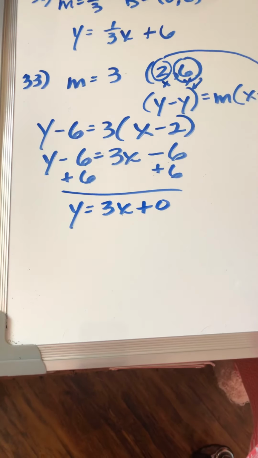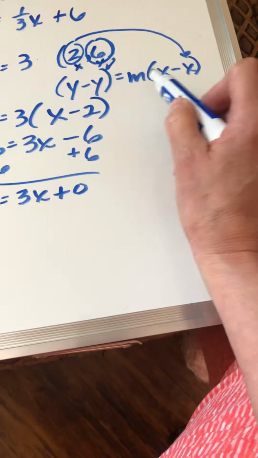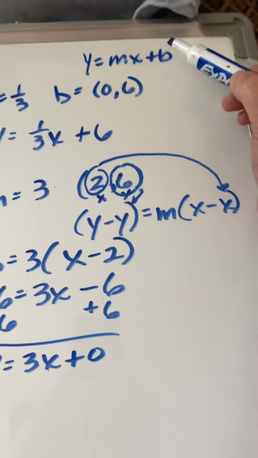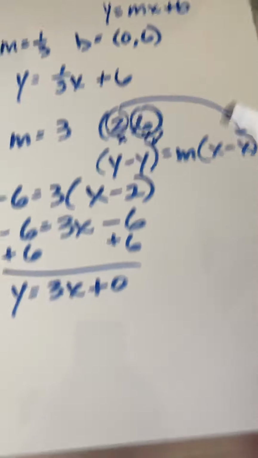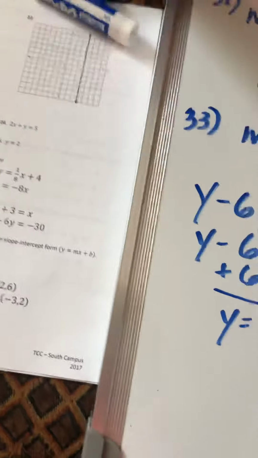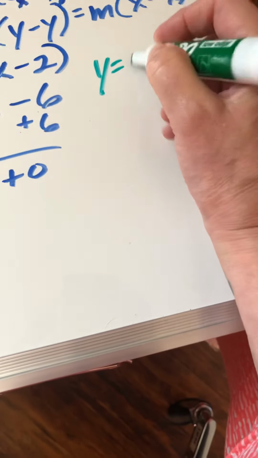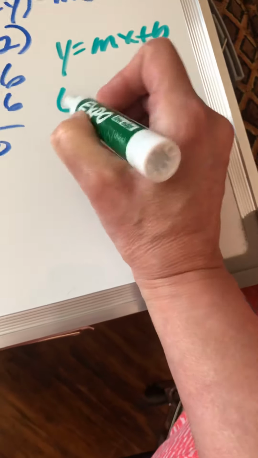You can do that way, or, so you have this form, and I wanted to show you this because you do see it in Connect Math. I prefer just to do this, because what do we have? We have y equals mx plus b. We have a y. We have an m.